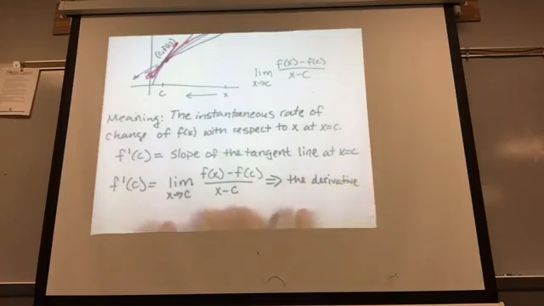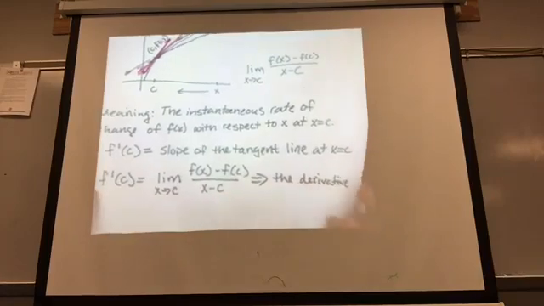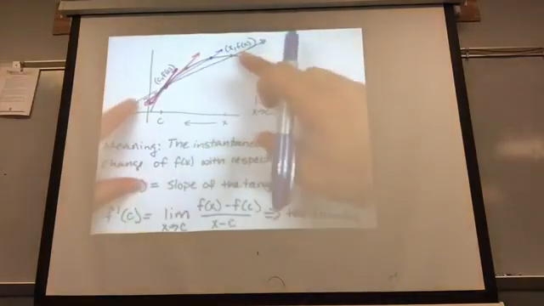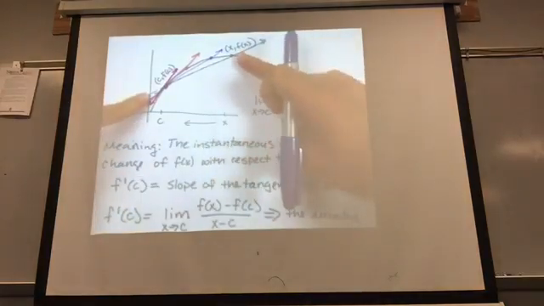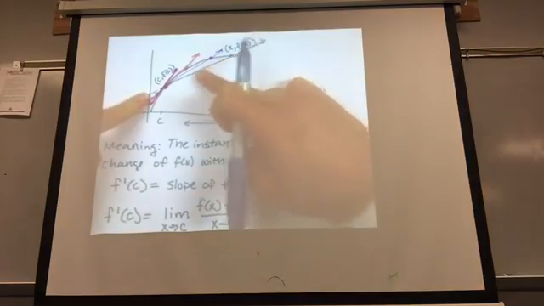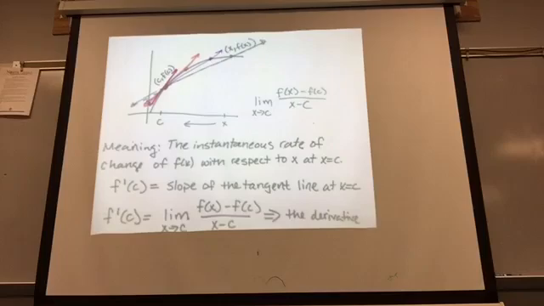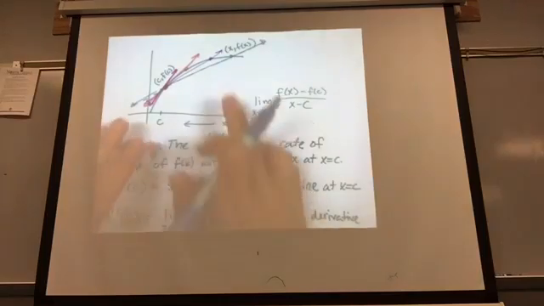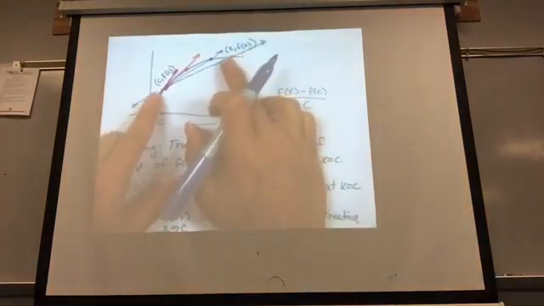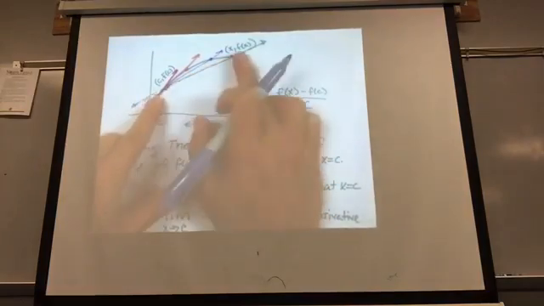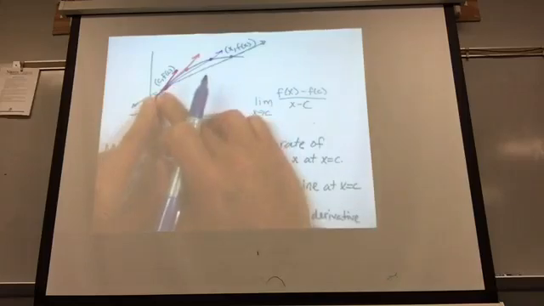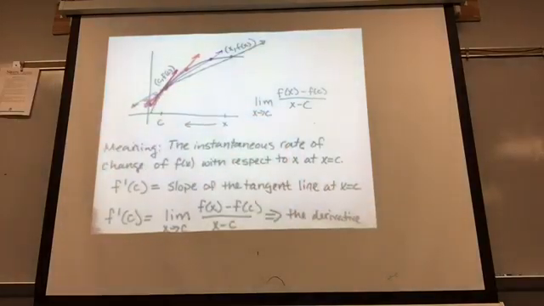All that's doing is making my secant line, which was my average rate of change, get closer and closer to becoming my tangent line, which will give me the slope at that one point instead of the average rate of change. So we work from the right to the left? Well, that's just showing, yes, you're getting closer and closer from being the secant line to the tangent line. Okay.